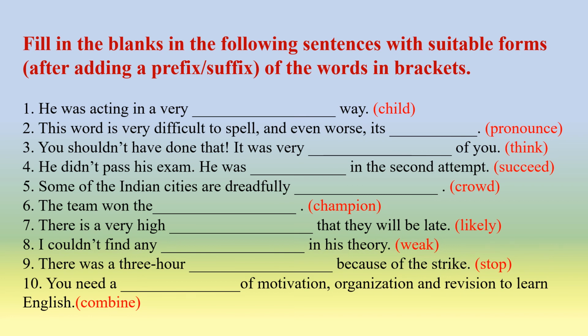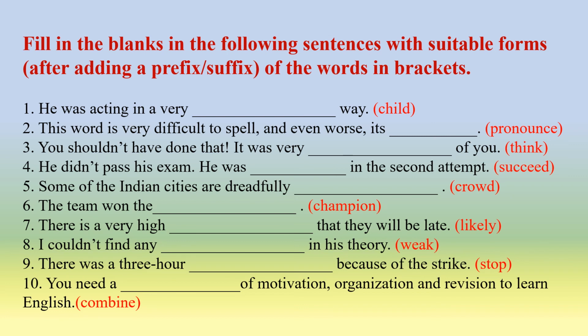Ninth one, there was a 3-hour dash because of the strike. The root word is stop. Tenth one, you need a dash of motivation, organization and revision to learn English. Here what is the root word? Yes, the root word is combine.